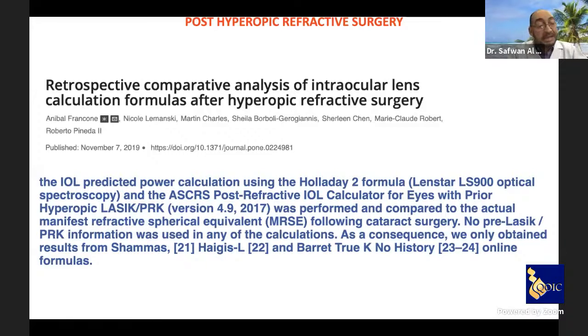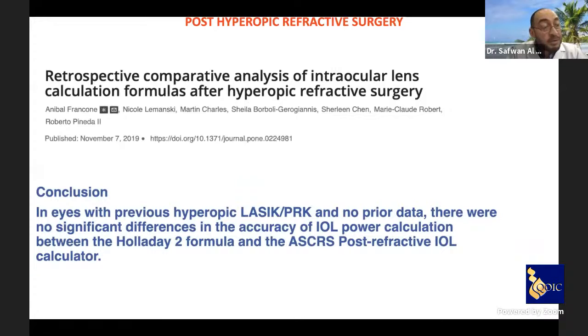No pre-LASIK or PRK information was used in any of these calculations. As a consequence, we only obtained results from Shammas, Haigis-L, and Barrett True K, no history online formulas. In the conclusion of this study, in eyes with previous hyperopic LASIK or PRK and no more data, there was no significant difference in the accuracy of IOL power calculation between the Holladay 2 formula and the ASCRS post-refractive IOL calculator.